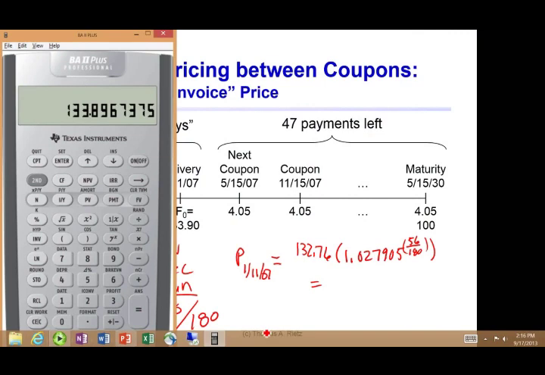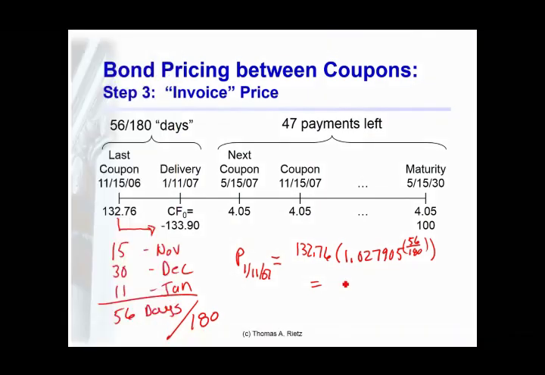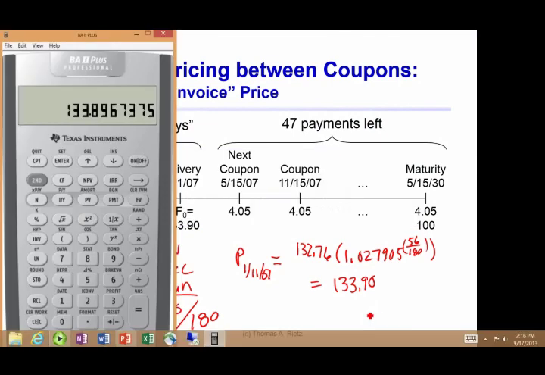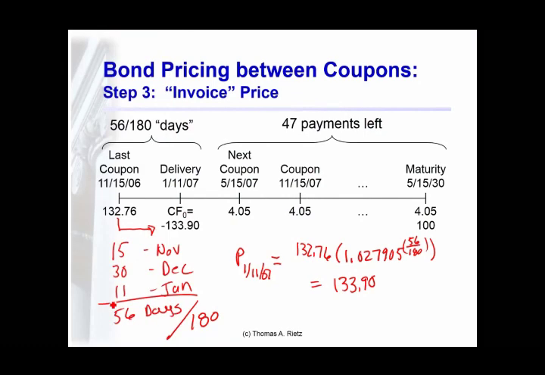So that's 133.90 rounding. Okay, that's called the invoice price. This is the actual amount of cash that changes hands. Again, I'm going to store this. But we're not done yet.